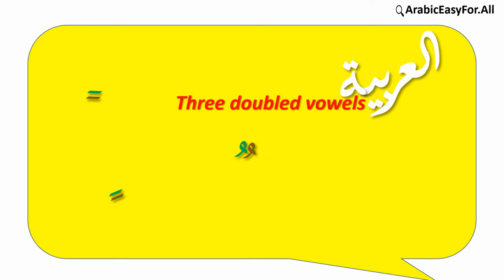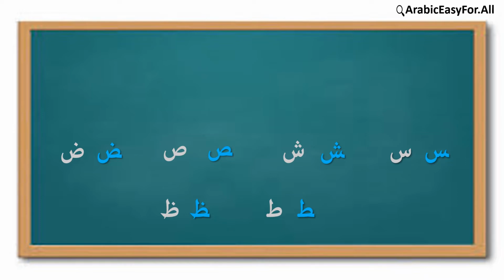Arabic has 3 doubled vowels known as follow: doubled fatha, doubled dhamma, and doubled kasra. Doubled signs are always put at the end of the word. In doubled fatha, we say san, shan, son, ظن, طن, ظن.